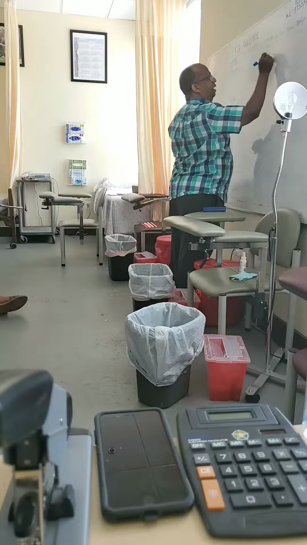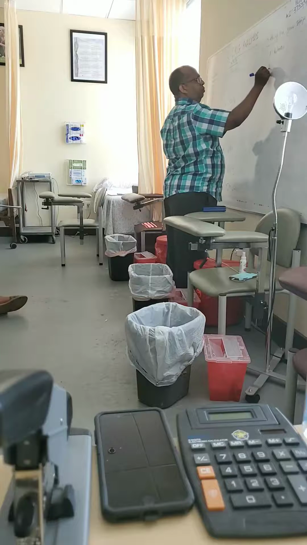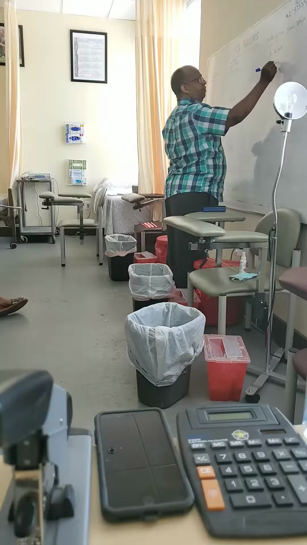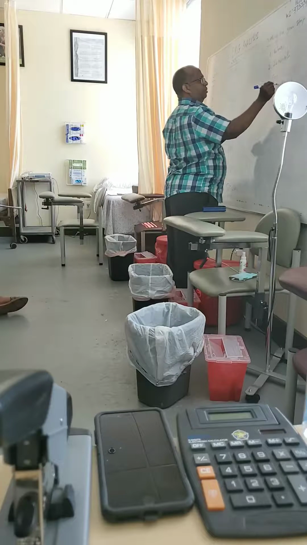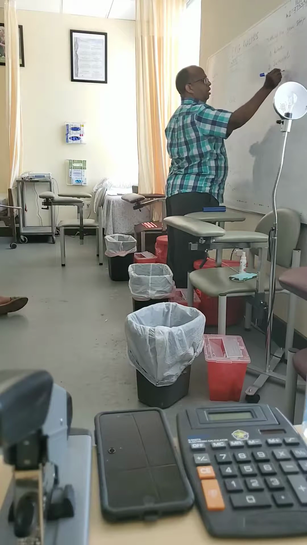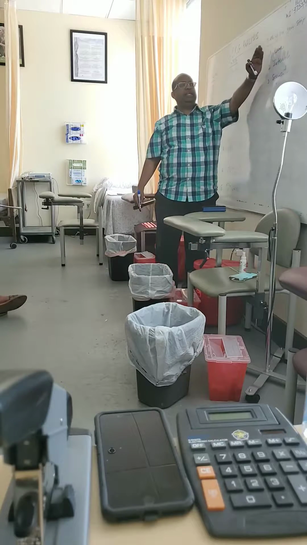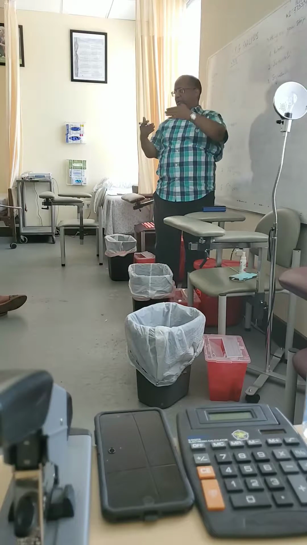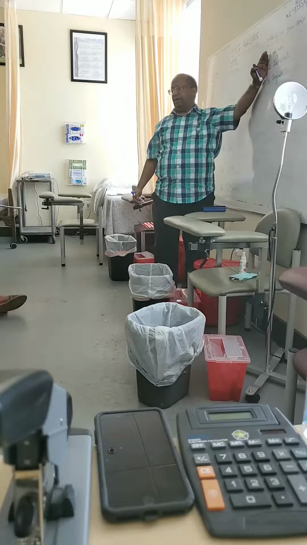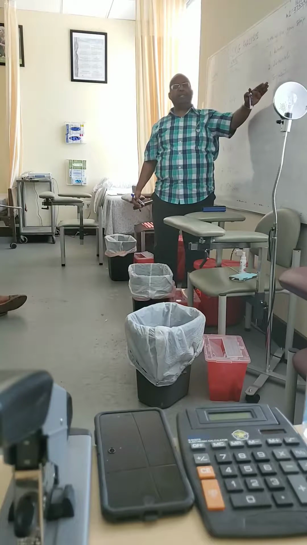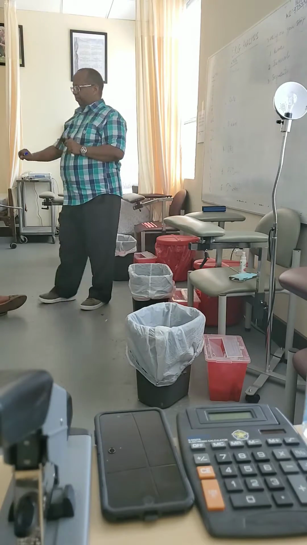One is waves. Two is intervals. And three is segments. That means when you have your strip, there are three things on the strip: waves, intervals, and segments.